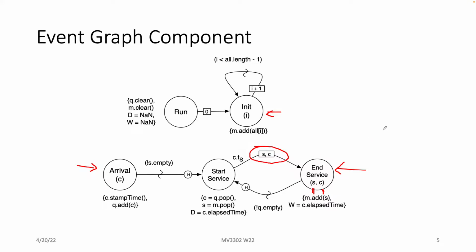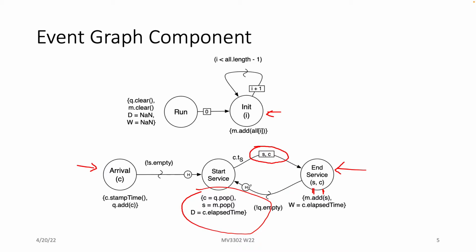And then in that situation, it doesn't matter which one happens first, but what that guarantees is that this state transition will only be executed under the right circumstances. So because start service would have high priority in those cases, and I happen to have an arrival event and an end service event at exactly the same time, then the start service event would occur first, and whichever one of these happened to get scheduled first would schedule the start service event.